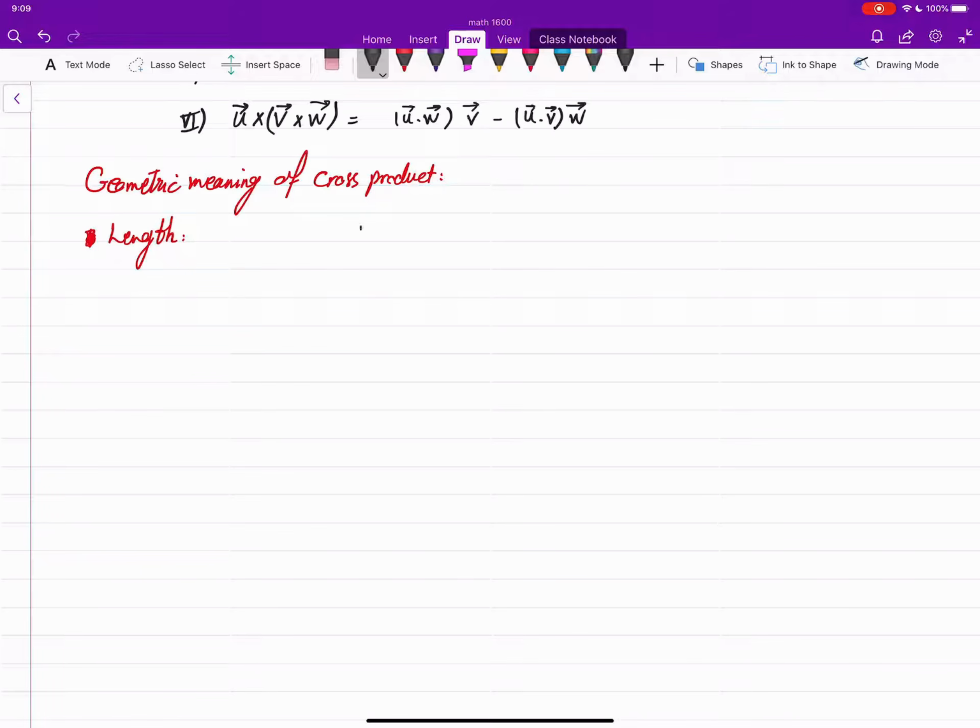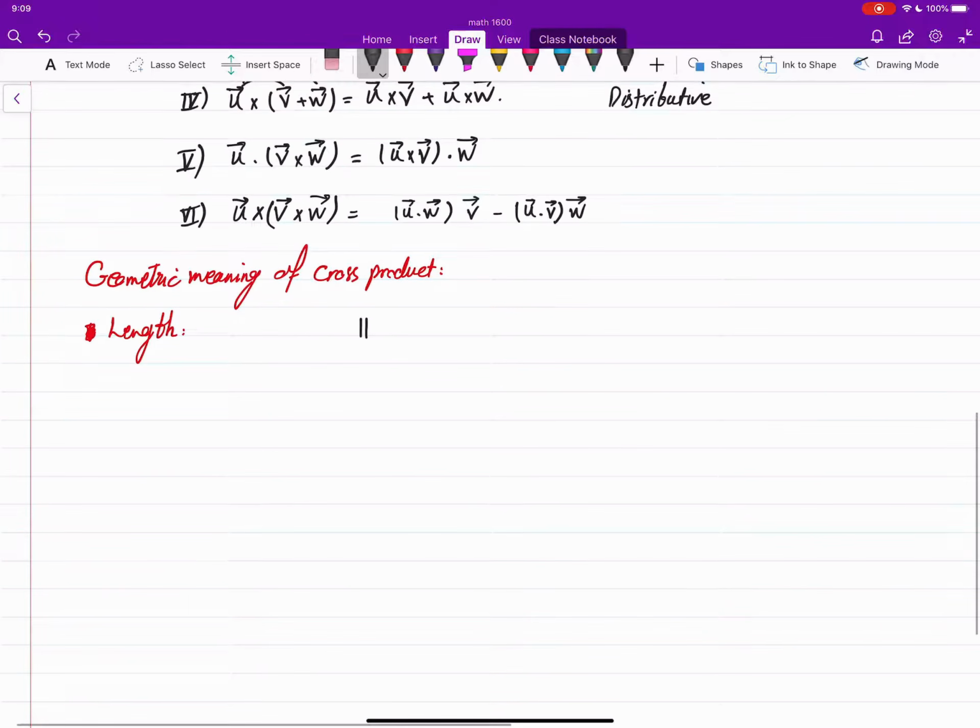So this is something that you can use the fifth and sixth properties to show: u cross v is a vector whose length is the length of u, times the length of v, times the sine of theta, the angle between these two guys.